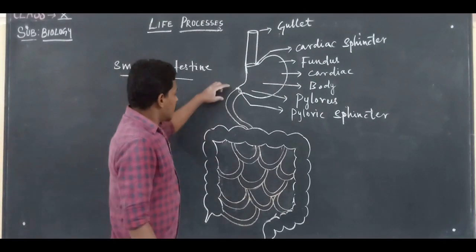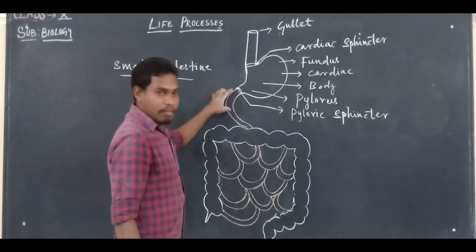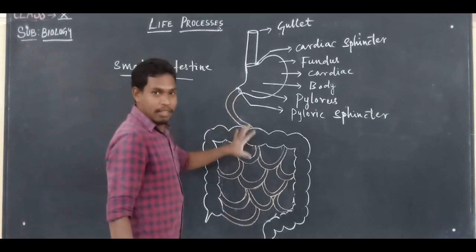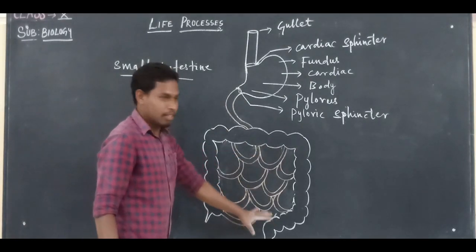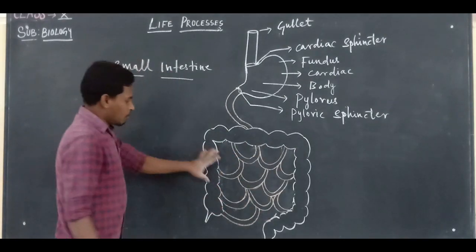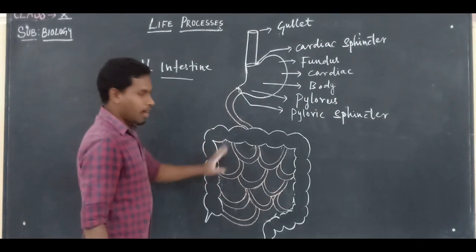Here the brown color I have drawn is the small intestine, and in white this is the large intestine. So we are going to deal with the small intestine and large intestine.